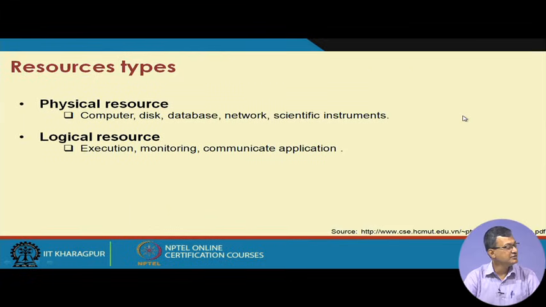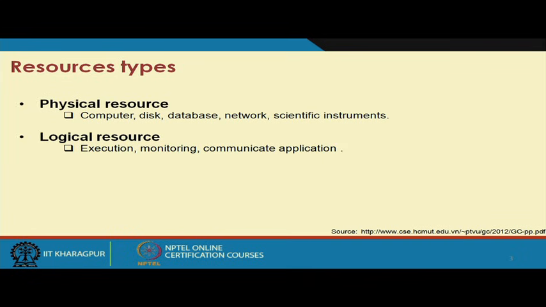So, as we have seen, resource types can be physical resources, like computer, disk, memory, databases, network, scientific instruments. Database is again a soft resource, so what we say is that it is integrated with the hardware systems meant for these databases.